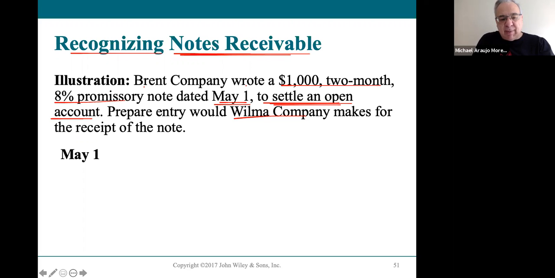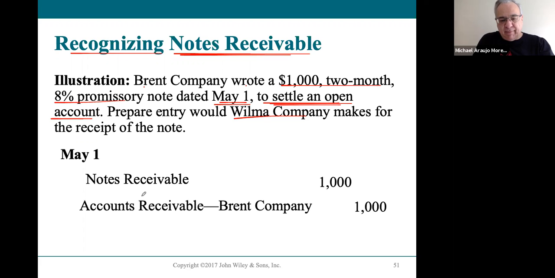So we are going to debit the notes receivable to show that that's used to pay their accounts receivable. So the account receivable for Brent is now closed. And now we have a note receivable for Brent instead. Okay. And again, this is important because notes have interest, right? Accounts receivable don't. It's a longer period of time, but you're getting compensated for waiting.